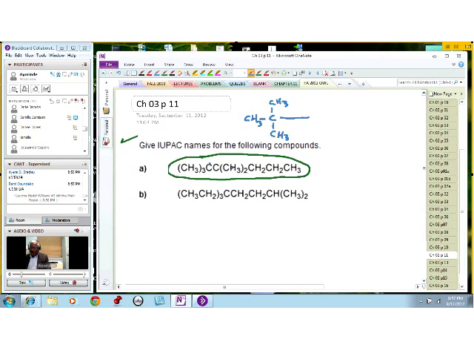And that carbon now, they are also telling us that carbon is attached to 2 methyl groups, okay? So I have this here. They are telling us that carbon is attached to 2 methyl groups.